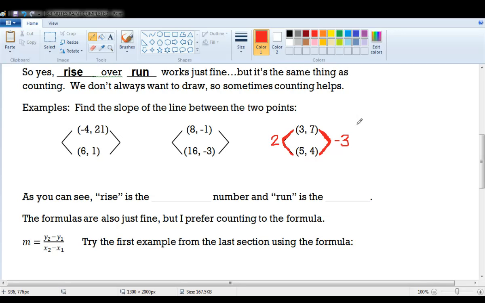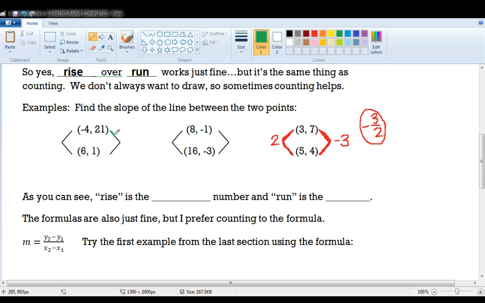So from 7 to 4, you lost 3 spaces, and from 3 to 5, you gained 2. Slope is just the second number divided by the first, in this case, -3 over 2. That's it. So many people overthink it. There's not that much to think about.